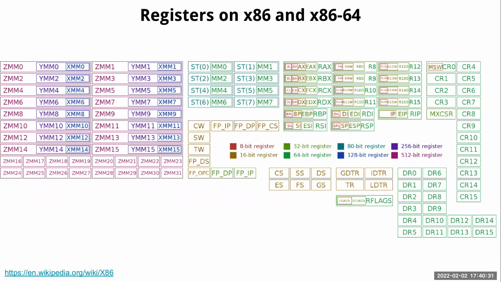It shows all the registers on the Intel architecture, from the very early 8088 and 8086 CPUs up to the current ones. What we're using right now is 64-bit, but they are always backward compatible.